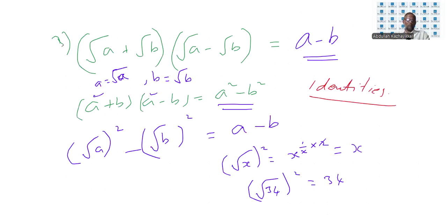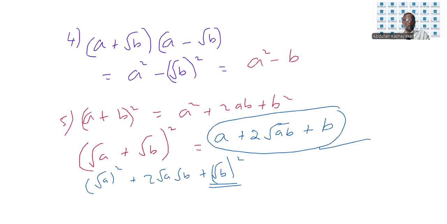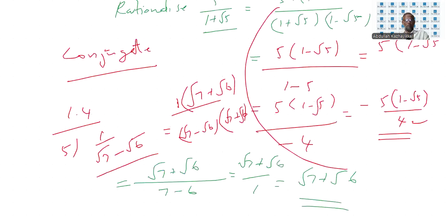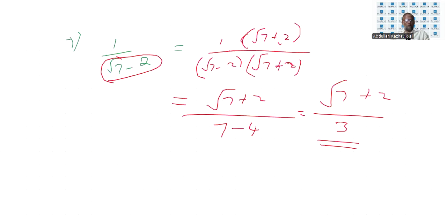Next one, page number 4, then page number 5, next page, page number 7. Conjugate, that means rationalize. I am talking about rationalizing the denominator.